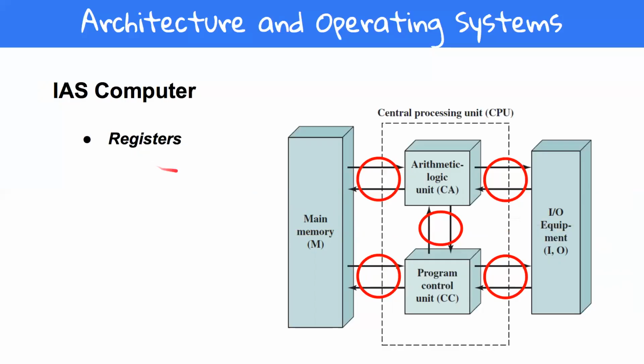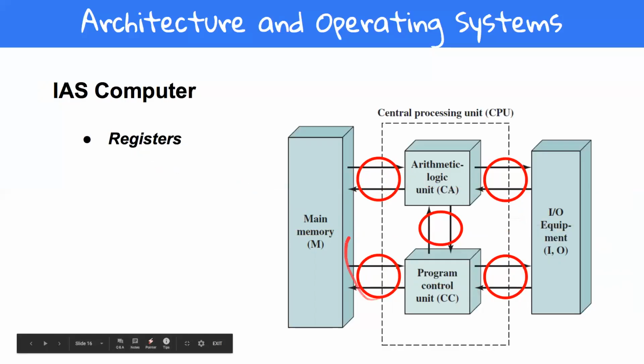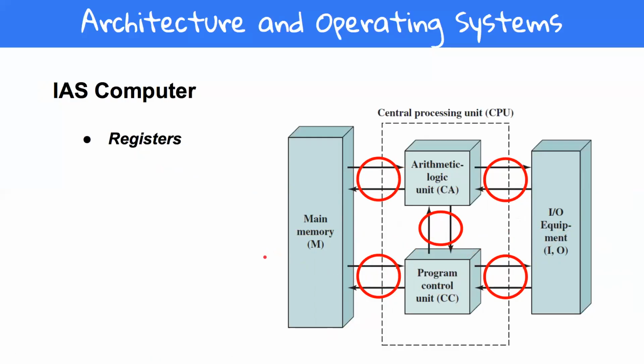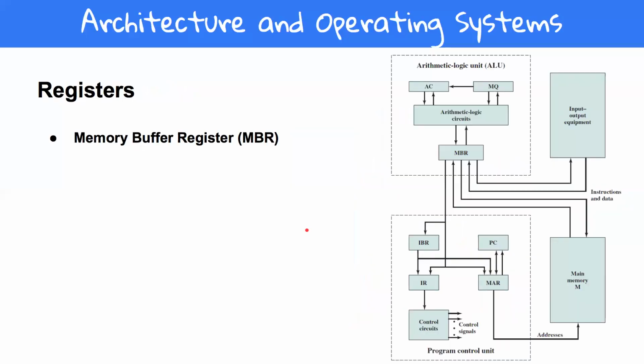They call it a register. Registers are the temporary storage inside the CPU that can store data temporarily between different components of this architecture. We've got several types of storage registers nowadays. They are very quick memories. But here I just tell you the most important ones that are used for the IAS machine.